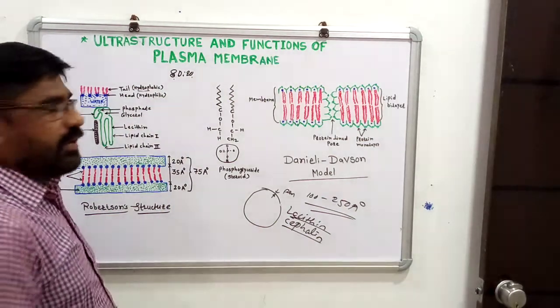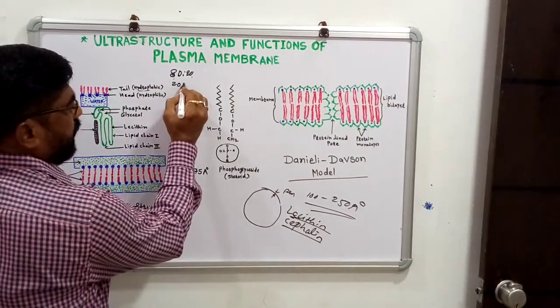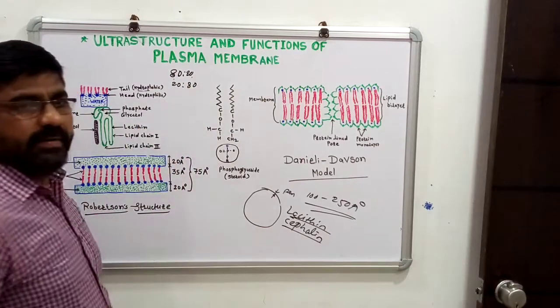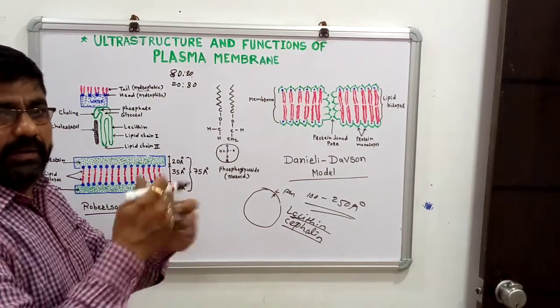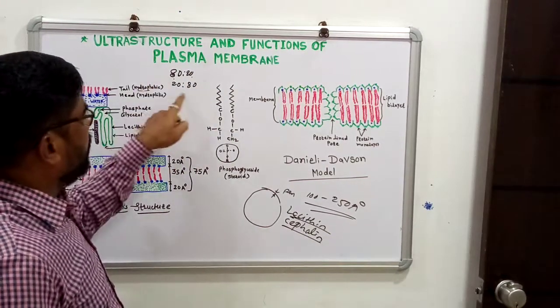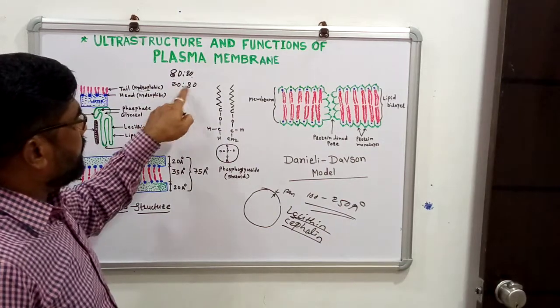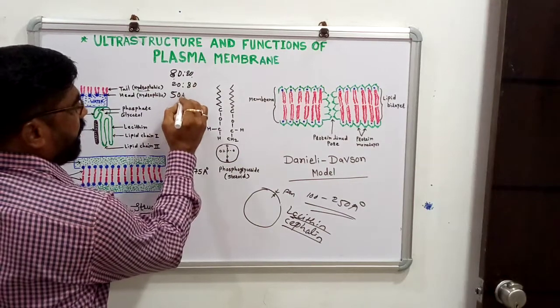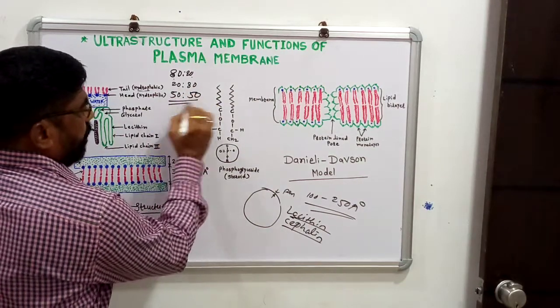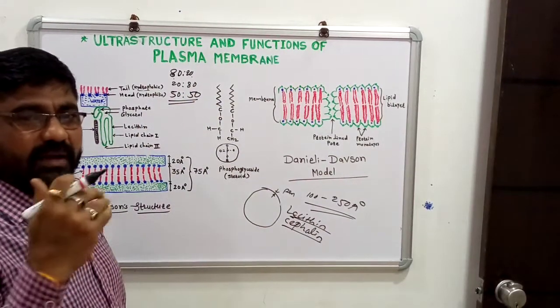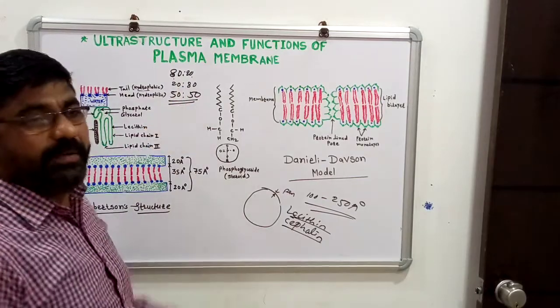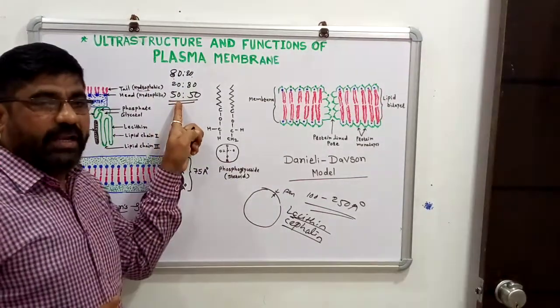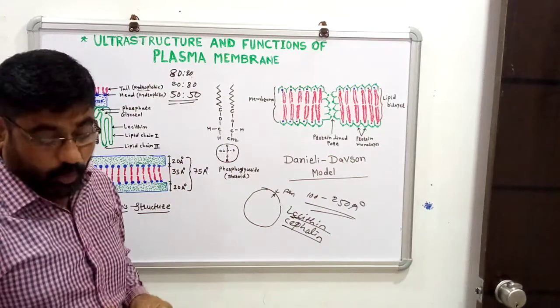In some cells there is 20:80 concentration of proteins and lipids, and most of the cells consist of 50-50: 50% lipids and 50% proteins.